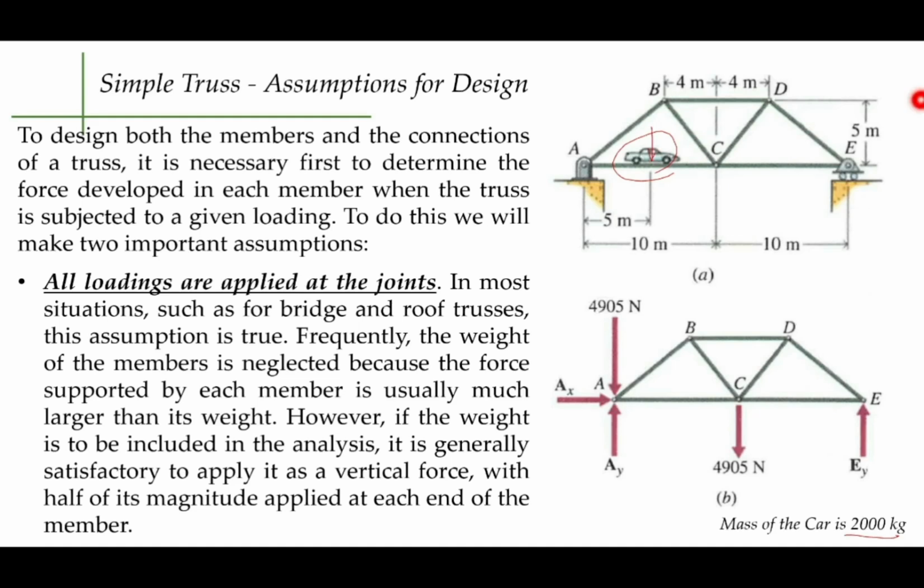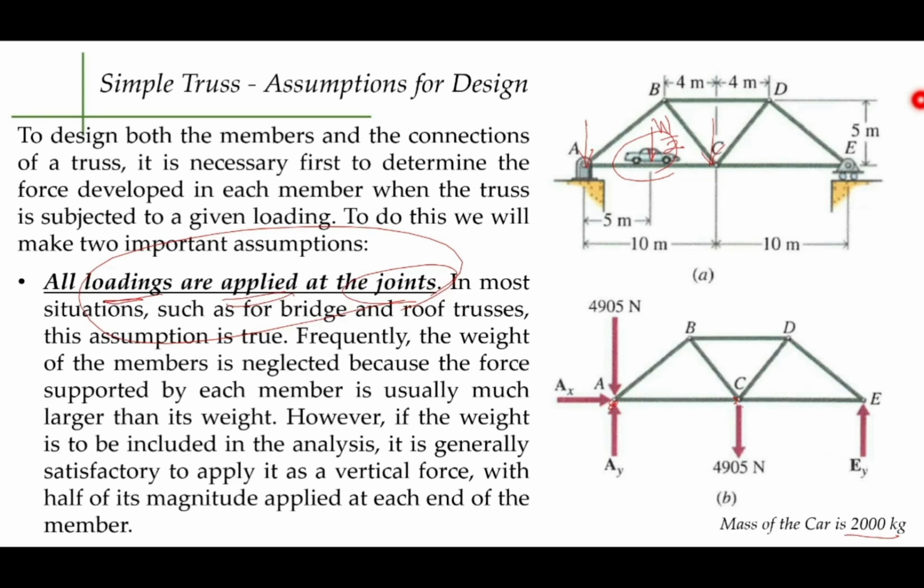But under this assumption, we will be dividing our calculated weight, because again, it has to be that the loadings must be applied at the joints. So whatever the weight being calculated here, we will be dividing that, and we will apply the divided weight at the edge of that member, which is, for this case, at A and at C.